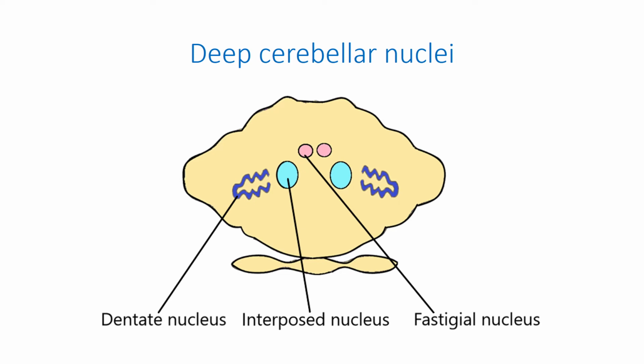Fastigial nucleus neurons are divided into projection neurons and interneurons, which have short axons connecting only with neurons within the fastigial nucleus. Fastigial nucleus neurons are glutamatergic, GABAergic, and glycinergic.